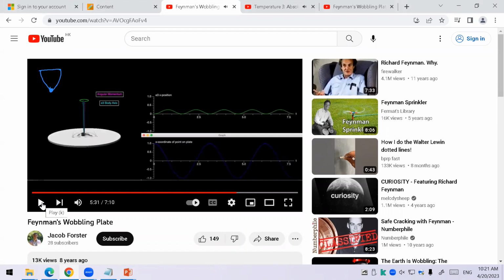And over here, the wobbling has completed one period, right? So originally it's like this, then sometime later back to the original orientation, right? So then we get the wobble period.